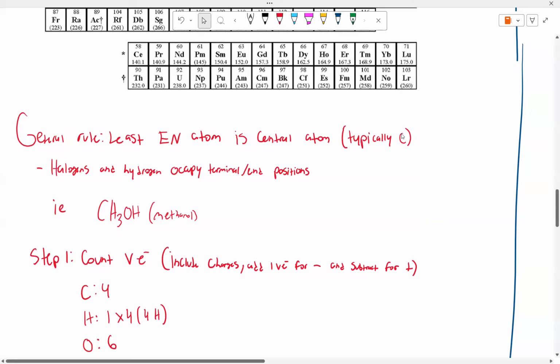In hydrogen's case, it only has two valence electrons, remember, and halogens are so electronegative that they don't want to share electrons with anything they can bond to. They are very greedy, so they want to keep as many electrons to themselves as possible. They're not likely to form other bonds.